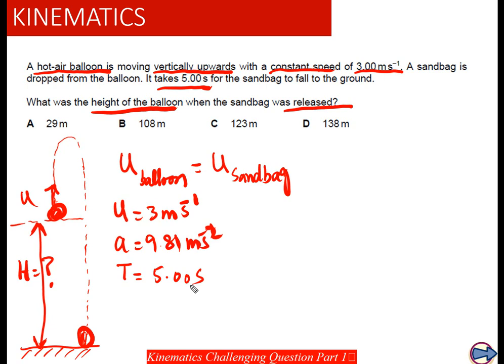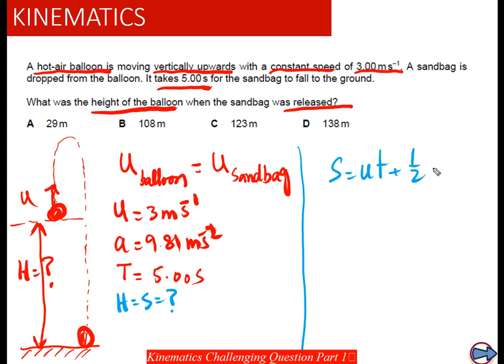Now, how can we find it? In this case, as acceleration is constant, we can use kinematic equations. We need to find h, and in this case h is equal to s, the vertical displacement. Simply we can use s equals ut plus 1/2 at squared.